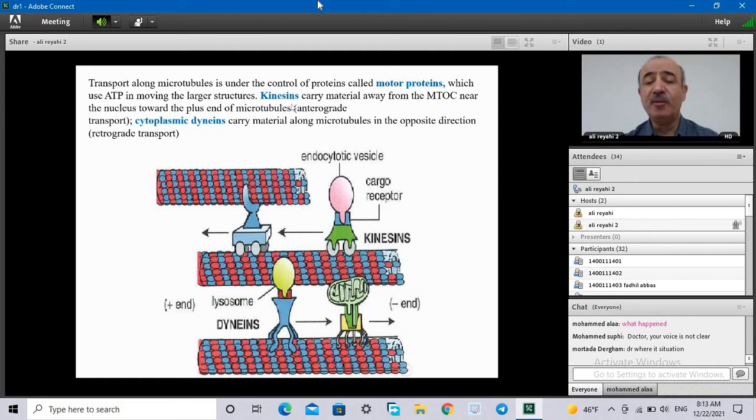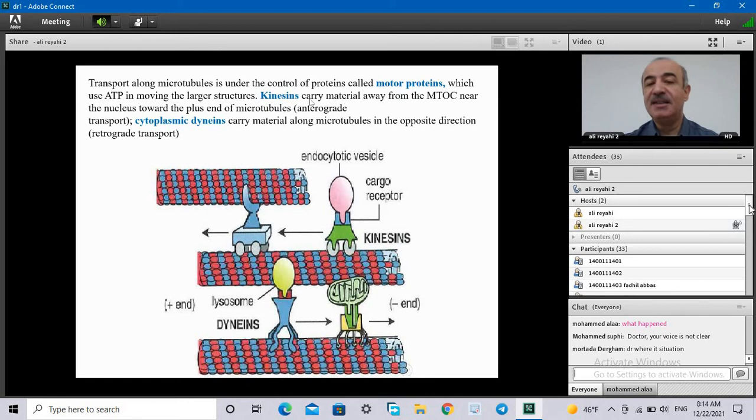One of the motor proteins is kinesin. For example, this is the schematic shape of the kinesin protein, and this is the microtubule. Look at here, this end of the microtubule is the minus end, and this end is the plus end, okay?